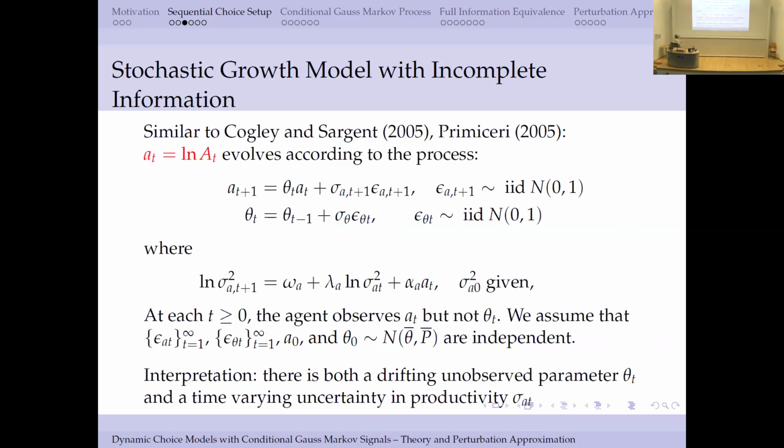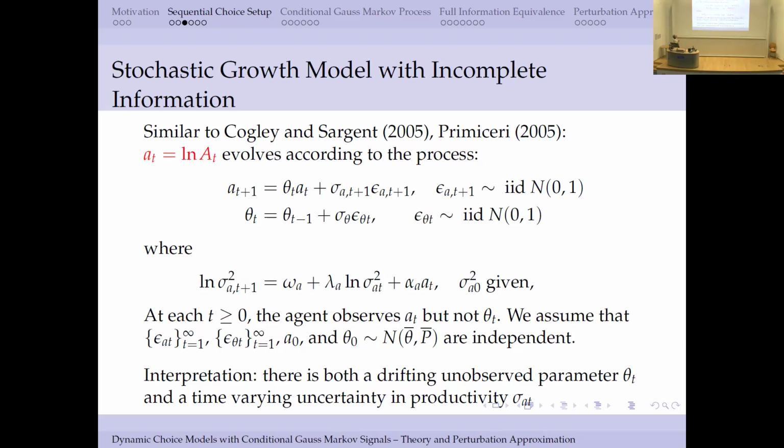All right, so we're going to follow, as I said, similar laws of motion to those proposed in these two papers, which assume that the log productivity follows an autoregressive process, but with a random parameter. So there's a random autoregressive parameter, theta t, where this autoregressive process also has some conditional heteroskedasticity.